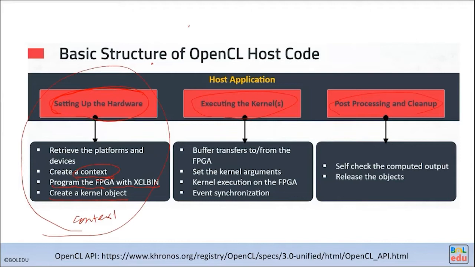Next, you start executing the kernel. To do that, you need to allocate the buffers, move the data from host memory to the FPGA, and set up the kernel arguments. Then you execute the kernel and wait for the kernel to complete.